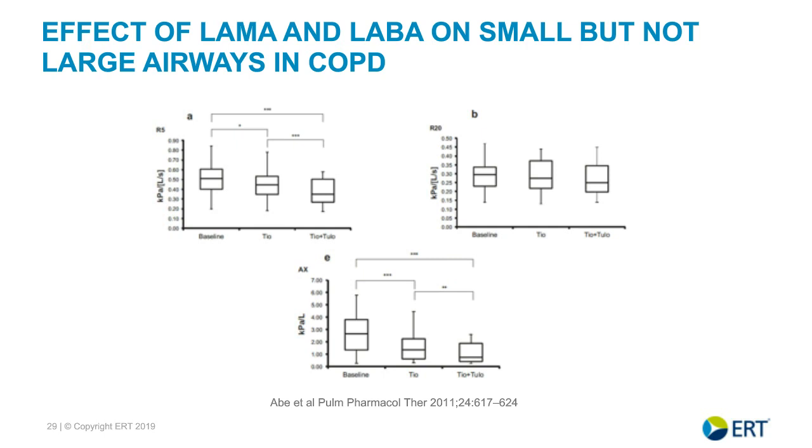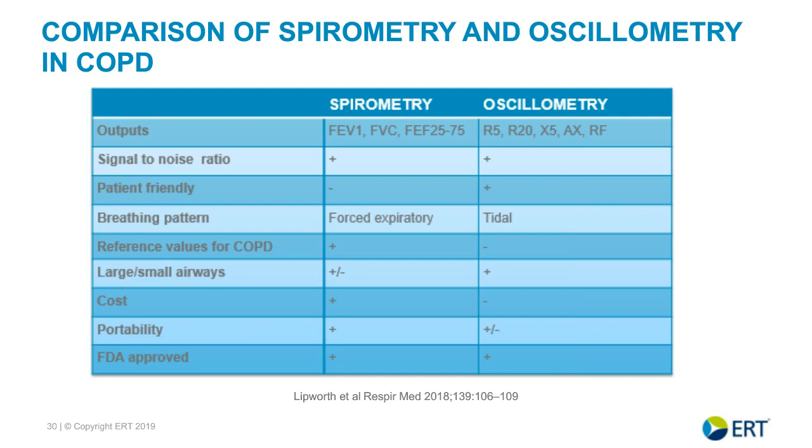So if we're comparing spirometry and impulse oscillometry in COPD, these are the outputs which you get. FEV1, FVC, FEF25-75 with spirometry, and the oscillometry outputs are R5, R20, X5, AX, and the resonant frequency. The signal-to-noise ratio is pretty good with both, but as you can see from the previous slides, it's better with oscillometry than it is with spirometry.